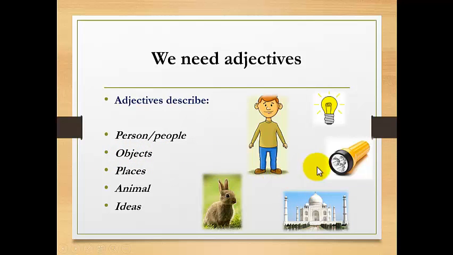For example, here we have a lamp, and it is an object. Also, places. For example, we have here India or the Taj Mahal. Adjectives compare an animal or animals. For example, here we have a rabbit. And also ideas. So here we have an idea.